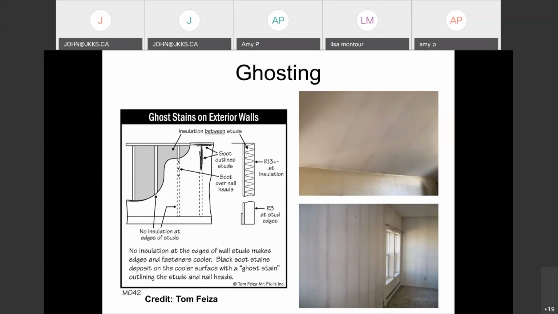Well, we can see that the higher the R value, the better it is at limiting thermal energy transfer as far as saving heat. R3 is very, very low, certainly better than a metal or steel stud, but it's certainly a huge difference in the insulation value that we're looking at. So this is what occurs with ghosting.